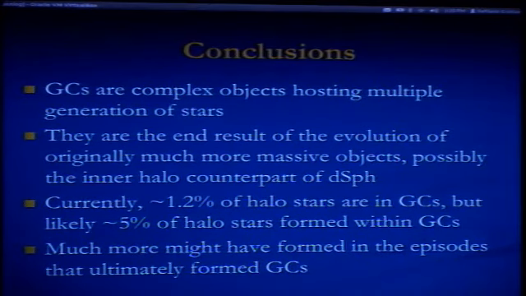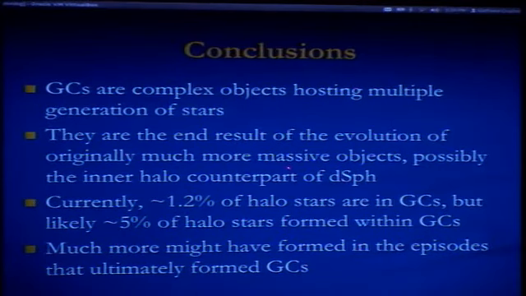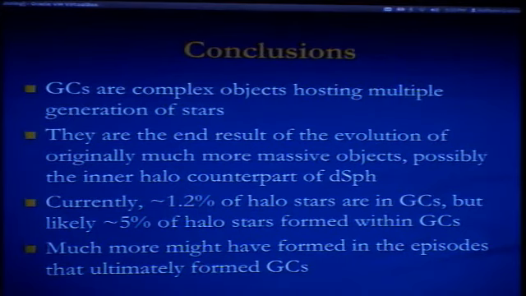Since they are much closer to the center of a galaxy, they interacted with the galaxy much earlier than the dwarf spheroidals, and so their evolution is completely different. They are now tidally limited. They have a completely different dynamical situation. But my idea is that the objects formed from things that were not really different. They simply happen to be in a different position with respect to our galaxy.